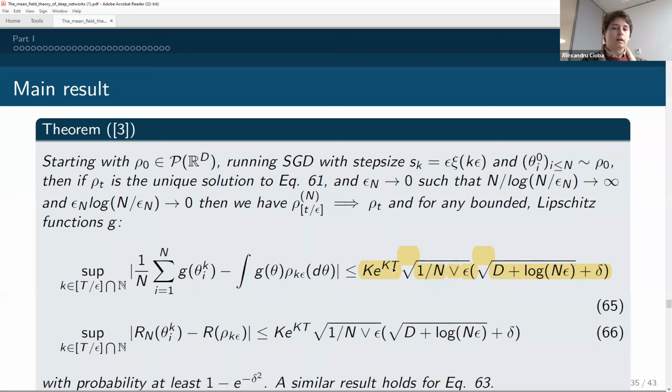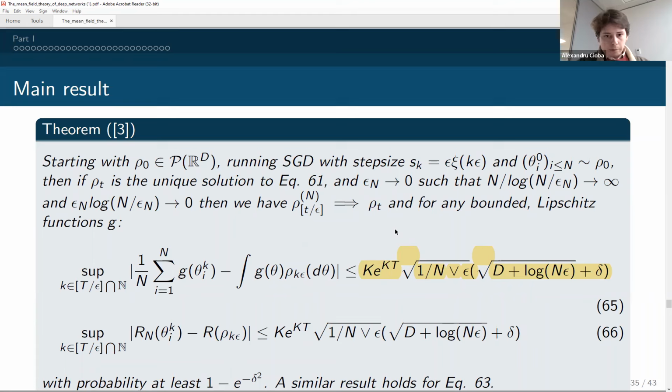On the other hand, the t here factors exponentially. So this is to say that you expect to incur exponential error as you keep taking SGD steps, and in order to mitigate this, you have to effectively scale n. So you need to let n tend to infinity much faster than t in order to compensate for this.